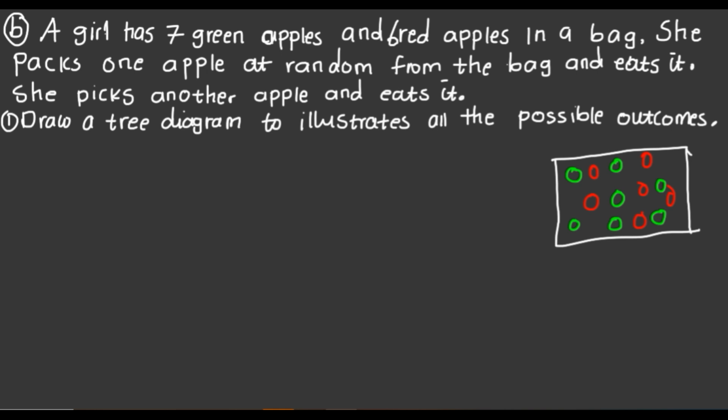If you pick something at random, you are picking without looking. You don't know the colour you are picking, you might pick green or maybe red, so it's a probability, it's a chance.